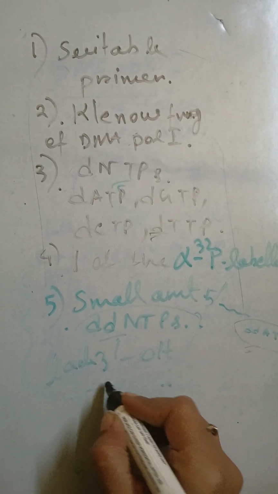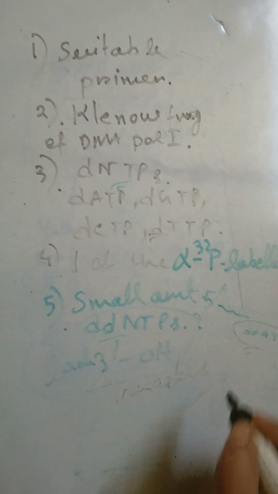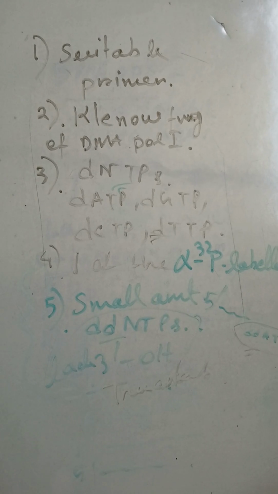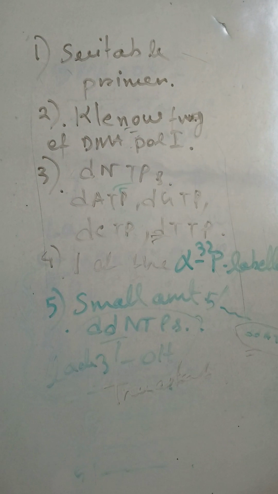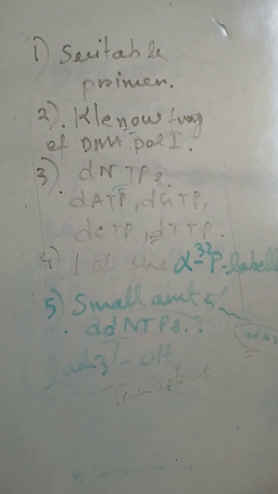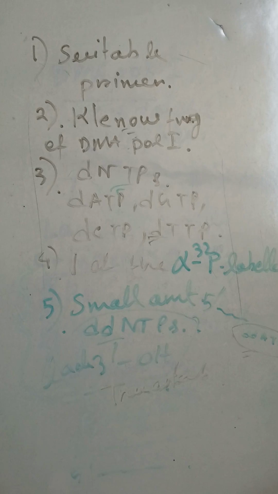So we will get the truncated ends, but with the same 5' end. Why? Because we already selected the Klenow fragment. What is the function of the Klenow fragment? As it has 3' to 5' exonuclease activity, we will get all the same 5' containing DNA fragments.